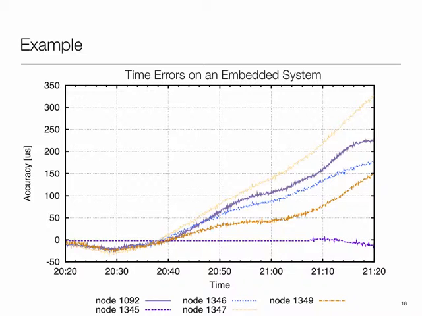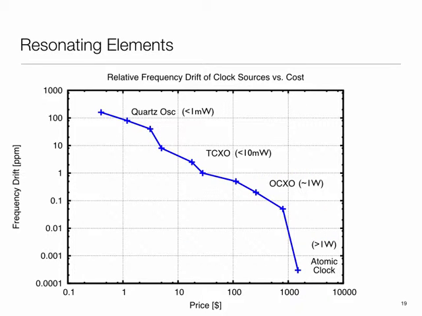One way to combat this problem is to use a better, more stable resonating element. And there you fundamentally end up facing trade-offs of power versus accuracy, accuracy versus stability, stability versus power, and stability versus cost. So currently, your choices are the following.